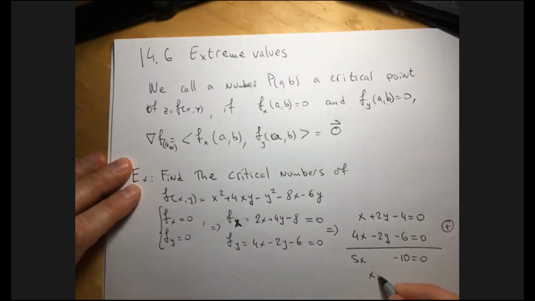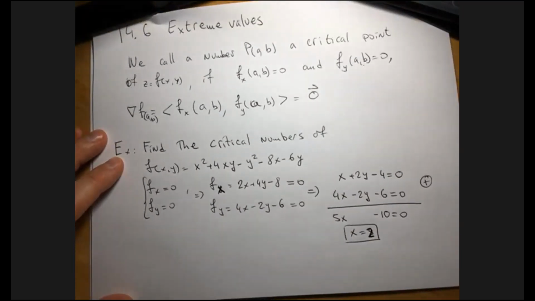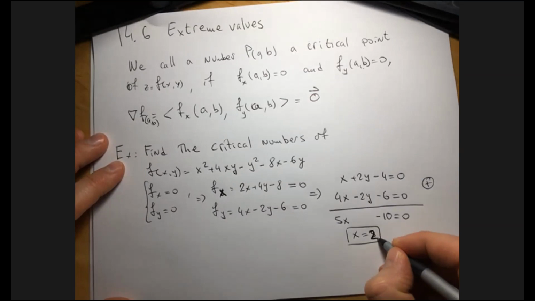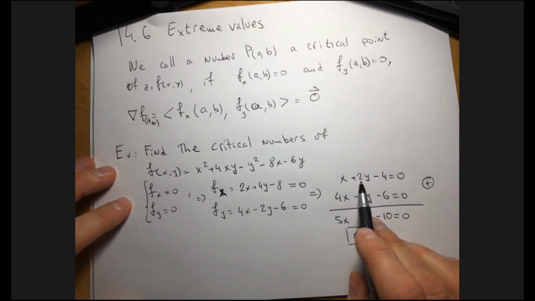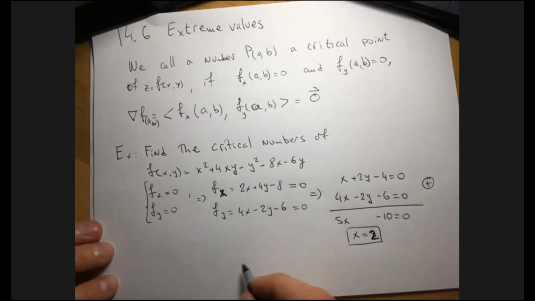0, or from here x is equal to 2. That is obvious, right? And once you have x, again, this is a linear equation here, plug it in any of these two equations and you'll get y.